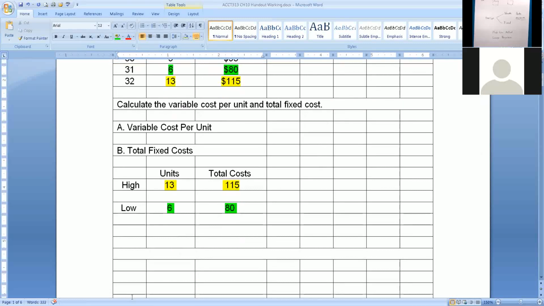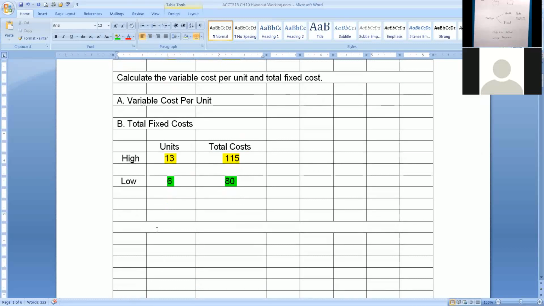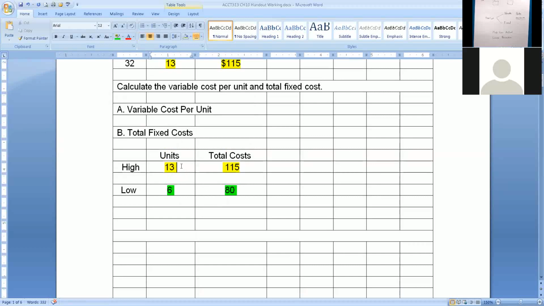Okay, so we have units produced. We have 13, and total cost is 115, and 6 for the low.